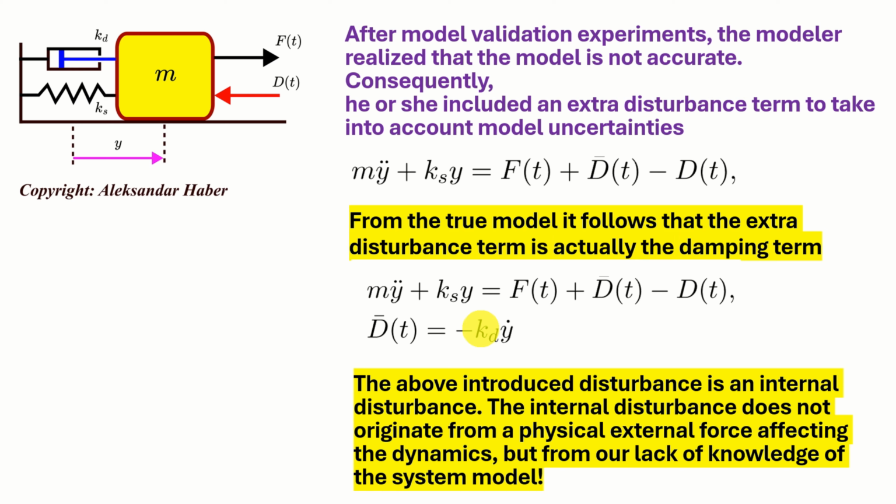Again, to repeat, internal disturbances are not physical forces that exist in the system. They actually are modeling uncertainties that a modeler takes into account and includes in the model to compensate for our lack of knowledge of the exact system model.